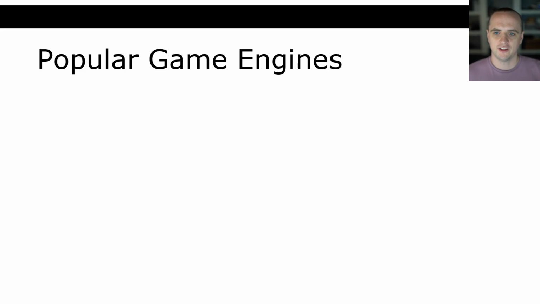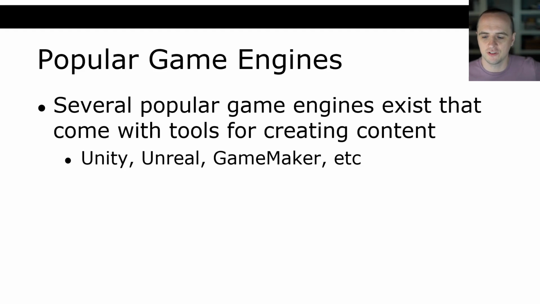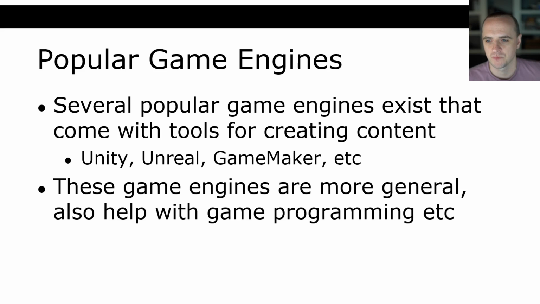But first, let's talk about popular existing game engines. Several really popular game engines already exist. For example, Unity, Unreal, Game Maker, Godot. Lots of game engines are out there, and they already come with some tools that help us create content.